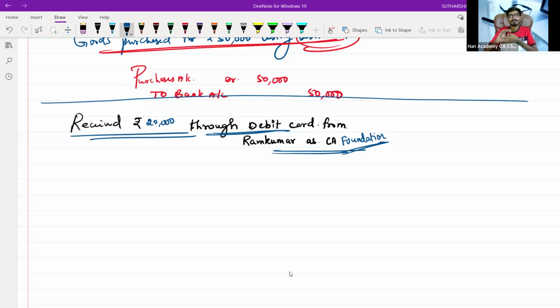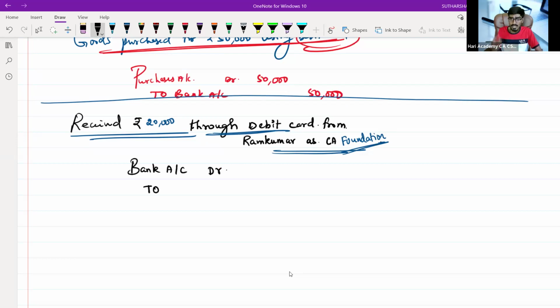Think and tell, whether I am receiving by check, debit card, or any mode, my bank balance is going to increase. So I am going to debit the bank account.